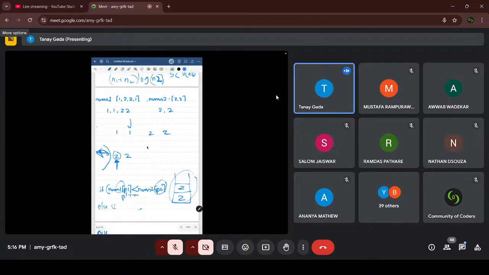It increments the pointer. Again, it's 1 and this is less than this, so there's a probability that we find 2 anywhere ahead. So we again increment this pointer. It is equal, so we just add and we increment both pointers. Since it is sorted, we know there's a probability we might find the increasing value anywhere ahead.